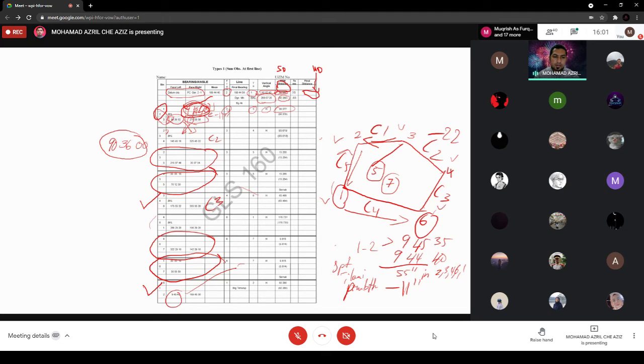C4 here is negative 44, and the last one, C5, is negative 55. So when you calculate again, the mean bearing here 9 45 35 minus this one 9 45 35, you minus with 55 seconds. So you will get this value.